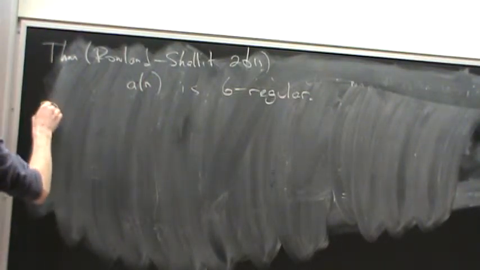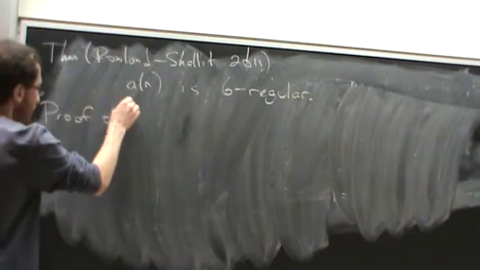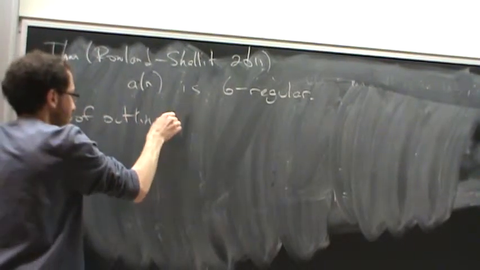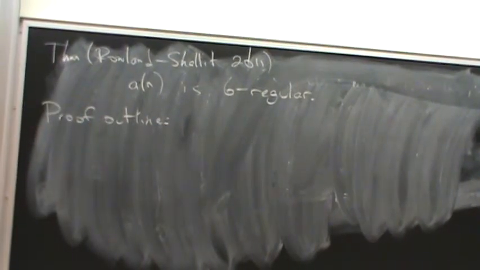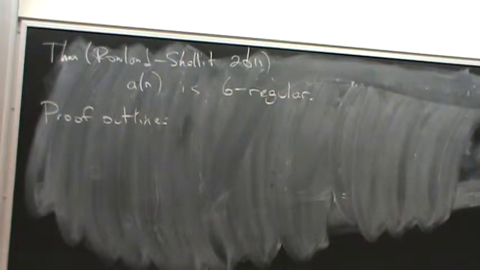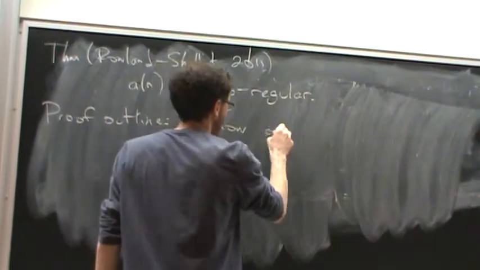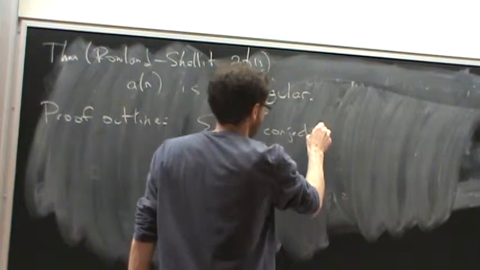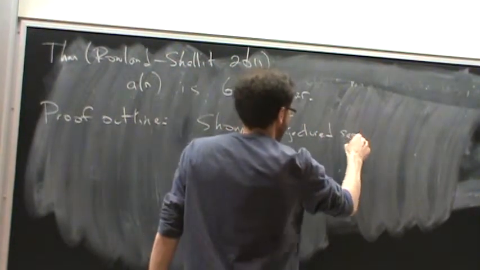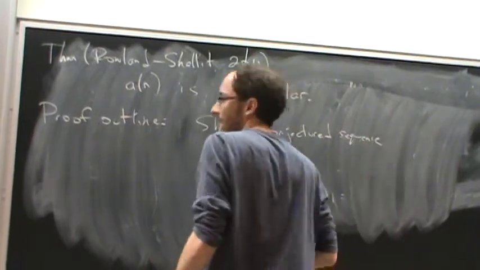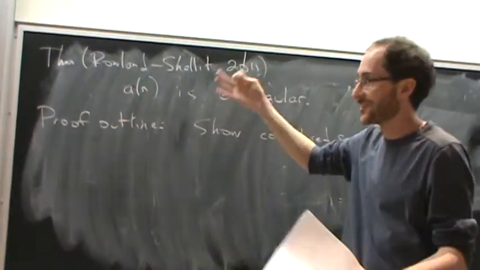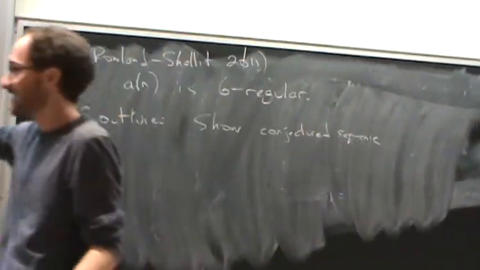Okay, so how do you prove something like this? Well, you can guess the recurrences that it satisfies, like I mentioned earlier. And so what you want to do is show that the conjectured sequence... So you guess with the computer, of course. Yeah, of course. Well, you don't want to continue to do this by hand.